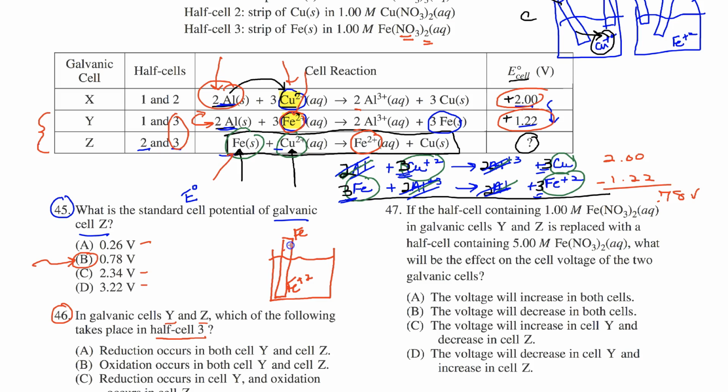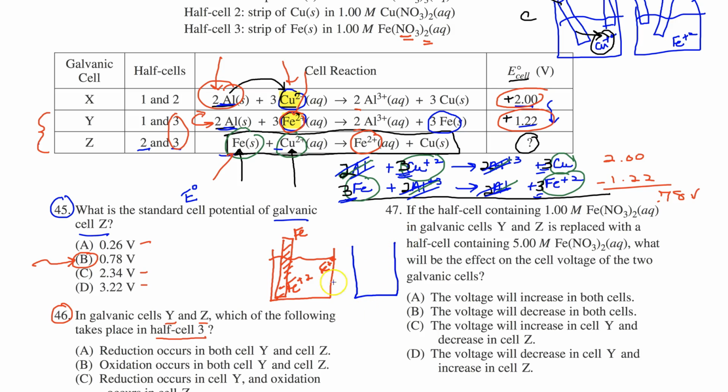That's the half cell: the metal iron sitting in a solution of Fe plus 2. Now it's going to do 1 of 2 things. It's either going to oxidize or reduce based upon essentially how the other half cell is doing.